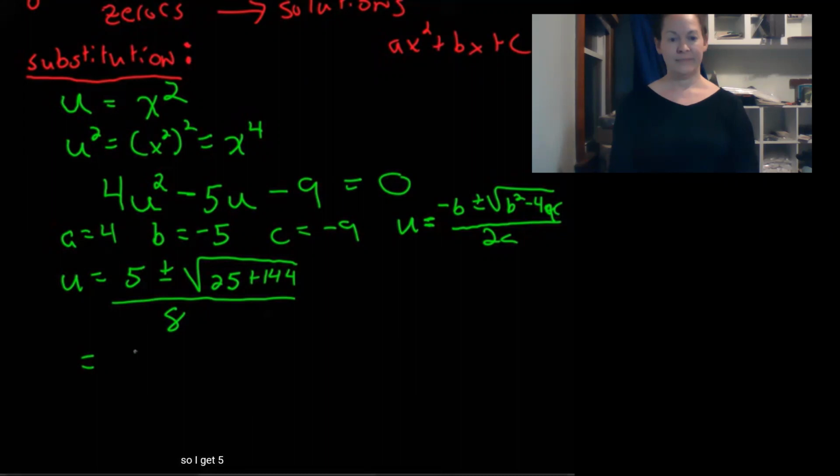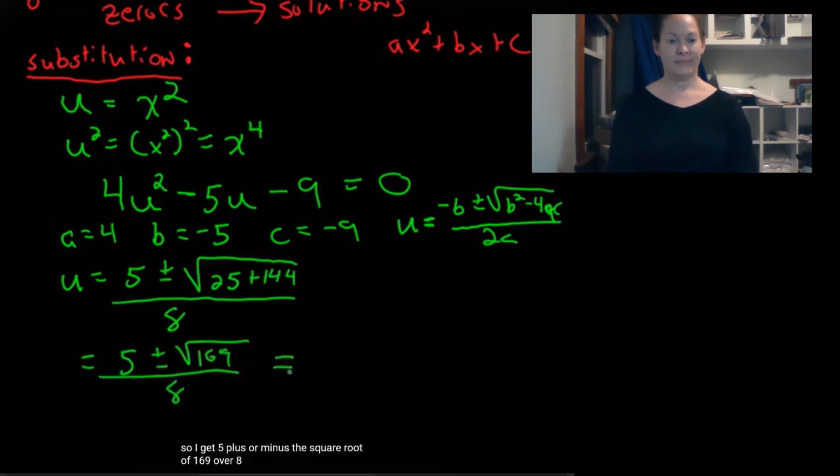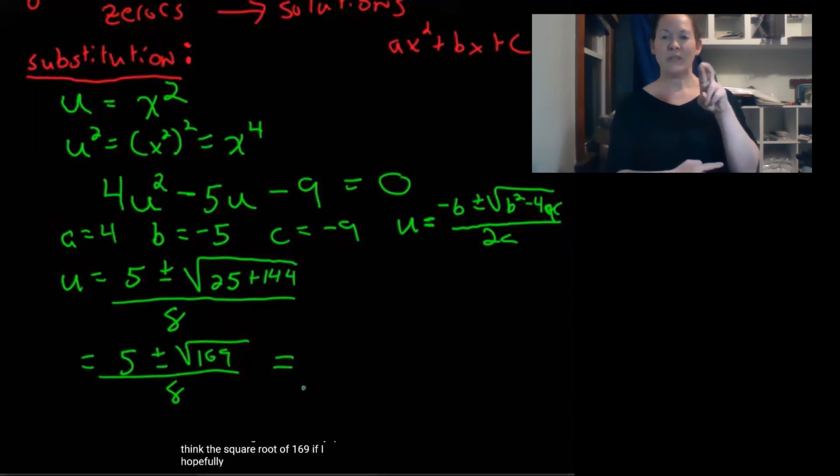So I get 5 plus or minus the square root of 169 over 8. Right, 25, 144, 169, yep. And I think the square root of 169, if I hopefully remember correctly, is 13.